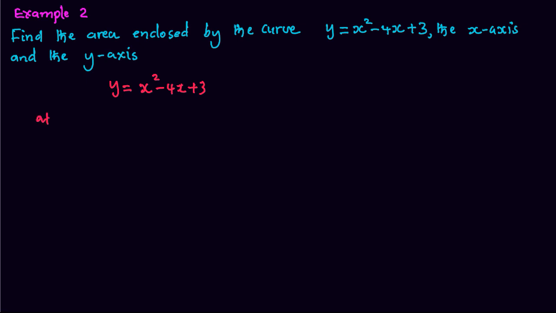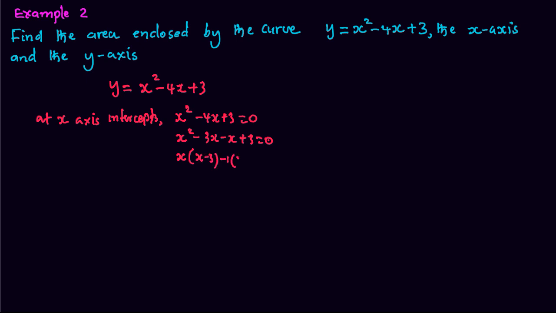So at x-axis intercept, x squared minus 4x plus 3 is equal to 0. So that x squared minus 3x minus x plus 3 is equal to 0. x into x minus 3 minus 1 into x minus 3 is equal to 0.